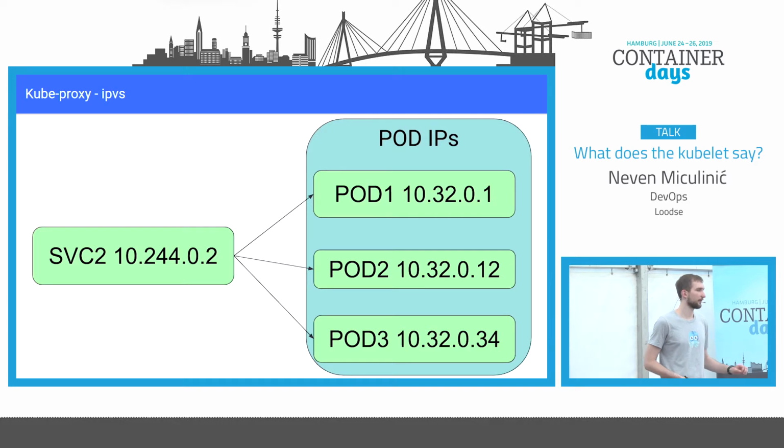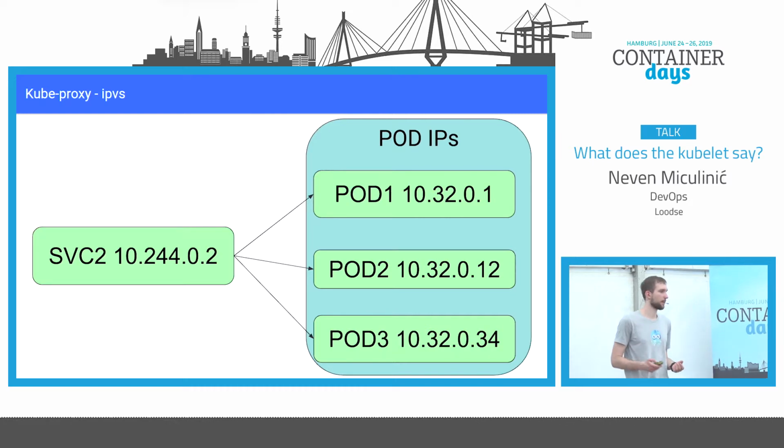For this, we have a hash map within the Linux kernel, which maps the service cluster IPs, or virtual IPs, however you want to call them, to various pod IP backends. With kube-proxy, you can actually choose the load balancing algorithm for IPVS. By default, it's round robin, but you can choose some other load balancing method if it suits your use case.